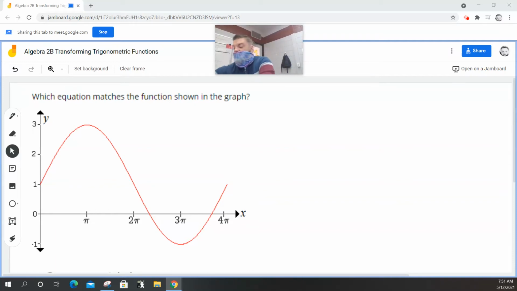All right, so for this one, it says which equation matches this graph?